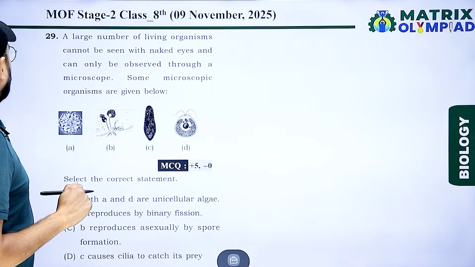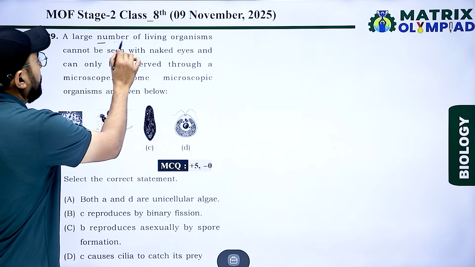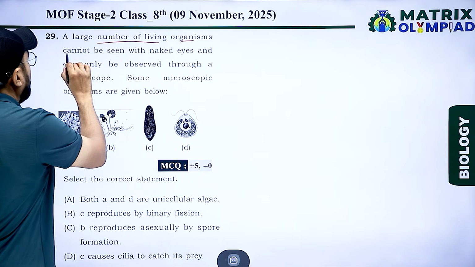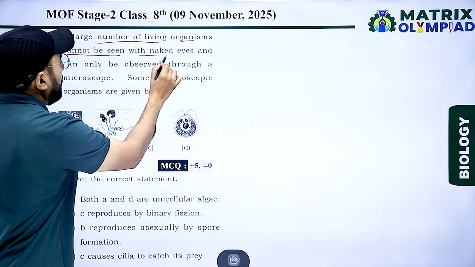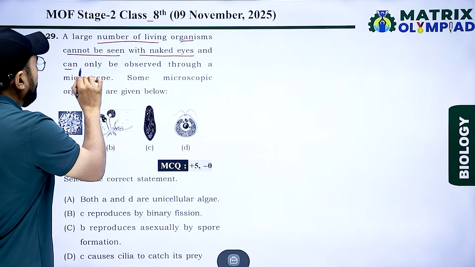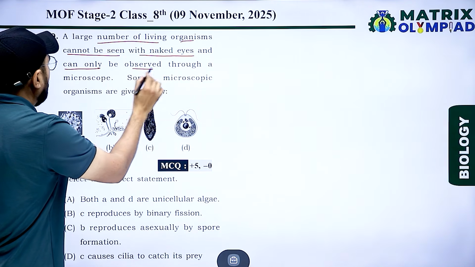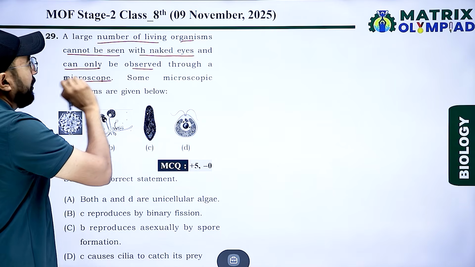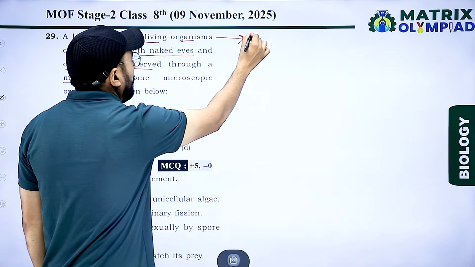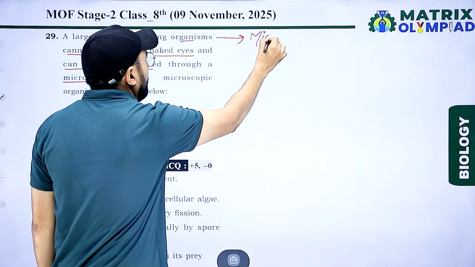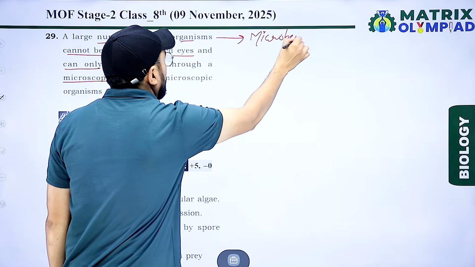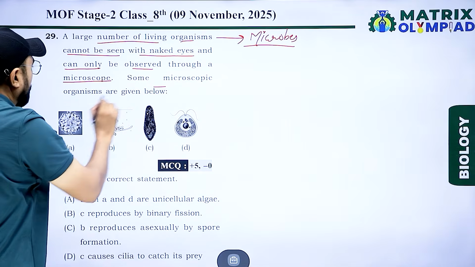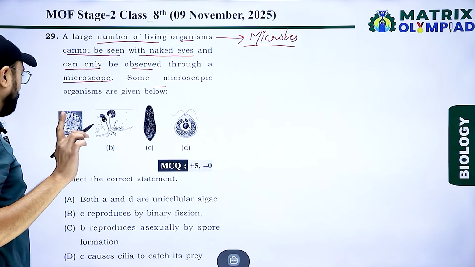Next, a large number of living organisms cannot be seen with the naked eye and can only be observed through a microscope. It means these living organisms are microbes. Some microscopic organisms are given below.